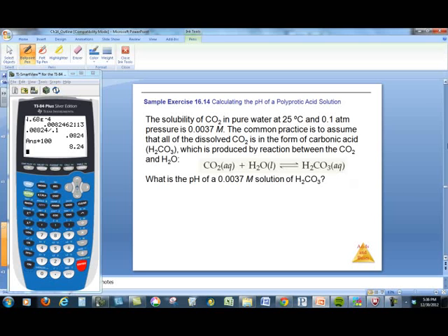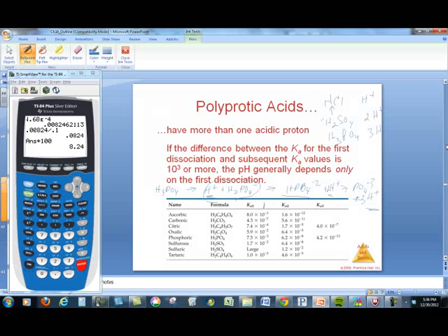Now if we go back and take a look at this table, for carbonic acid, the first H+ that comes off has Ka of 4.3 times 10 to the minus 7. And the second is 5.6 times 10 to the minus 11. It's more than the difference of 10 to the third, so it looks like we can just look at the dissociation of the first hydrogen.